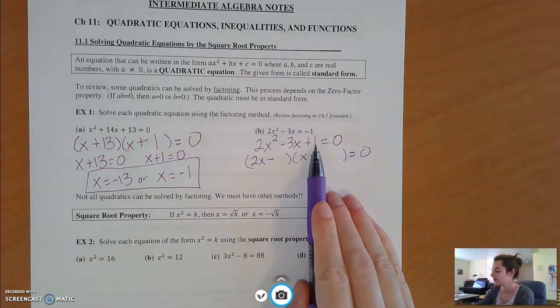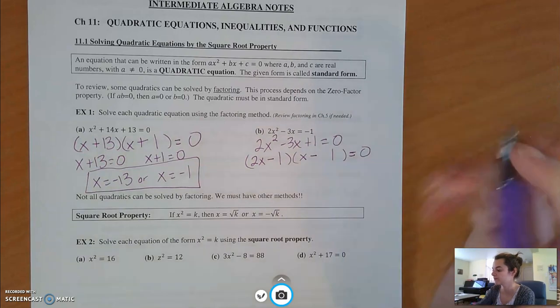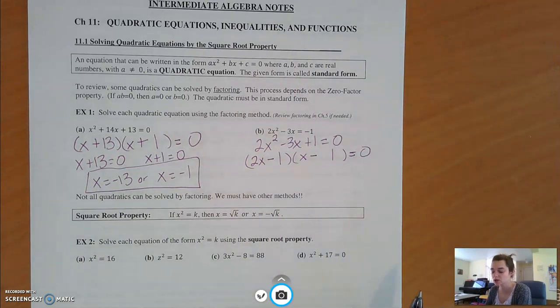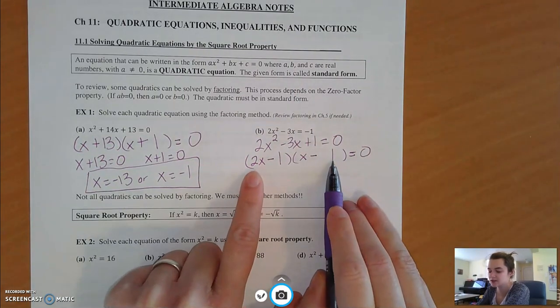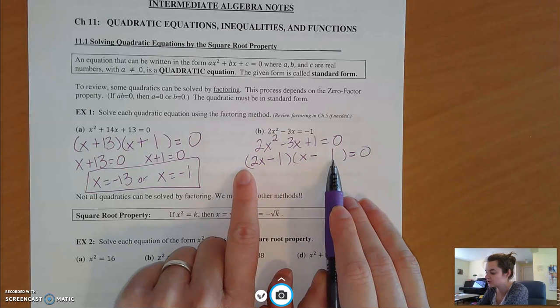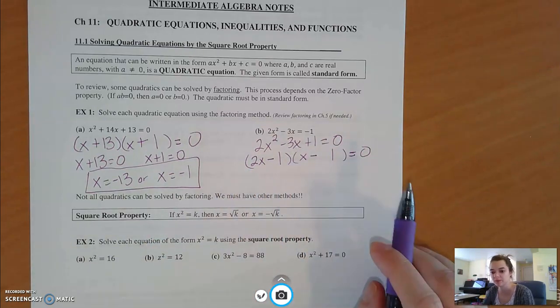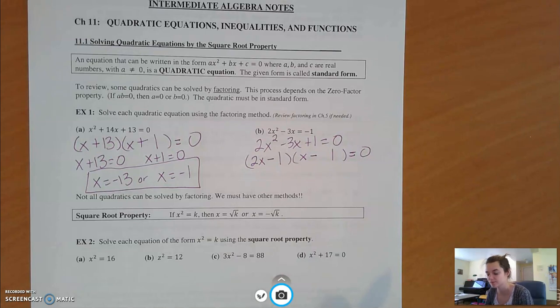Okay? And then the only way to get 1 with integers is going to be with 1 and 1. Then we check to see if it worked. So my outer product, 2x times negative 1, would be negative 2x. My inner product would be negative 1x. And negative 2x plus negative 1x is negative 3x, which is my middle term, which means it's factored correctly.